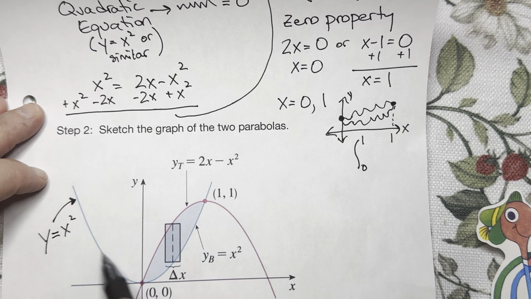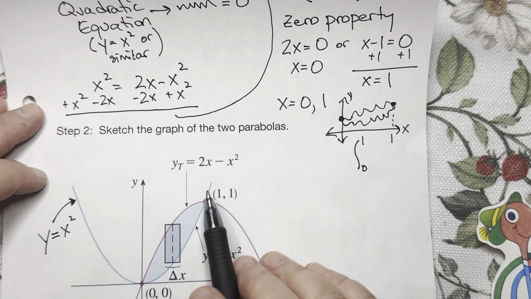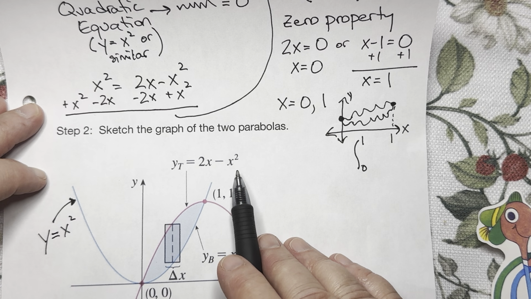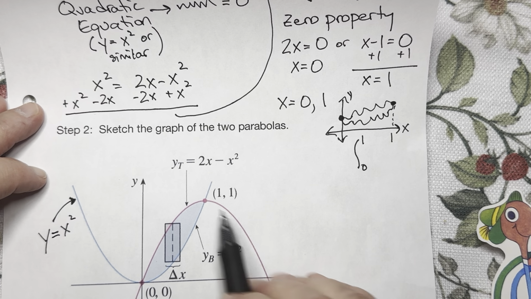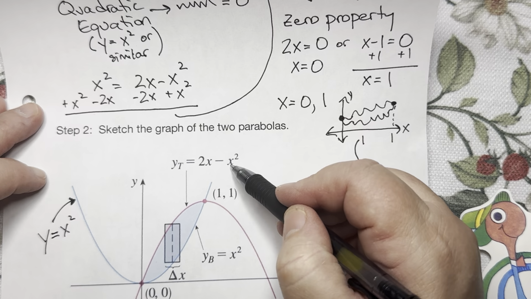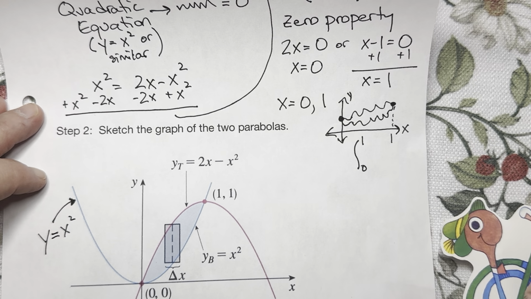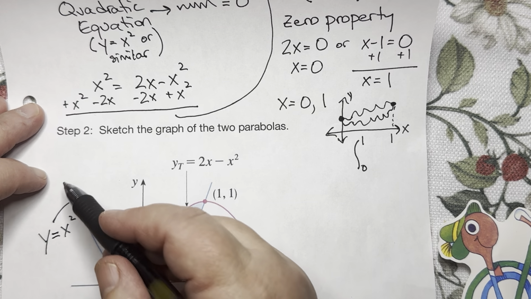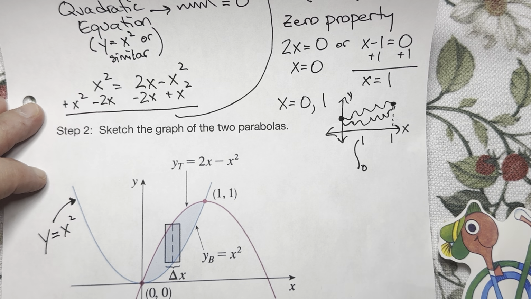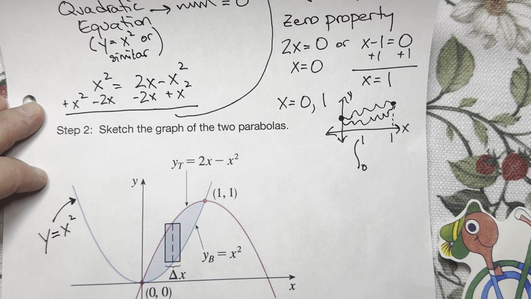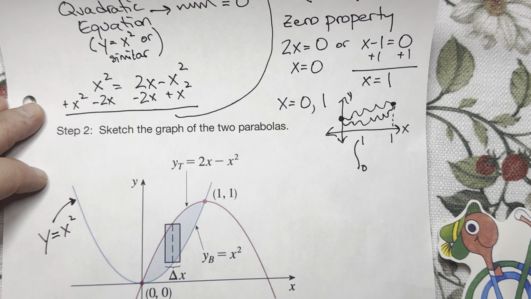So x squared, hopefully you know that graph by heart already. 2x minus x squared, hopefully you know that's a parabola that opens downwards since it's a -1 in front of the x squared. If off the top of your head you did not know one went up and one went down like that, I would definitely review graphing parabolas because they're going to come up all over the place in chapter 6 and possibly afterwards. So it is important that you be able to visualize these graphs.